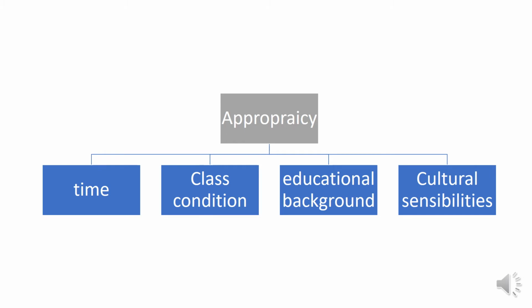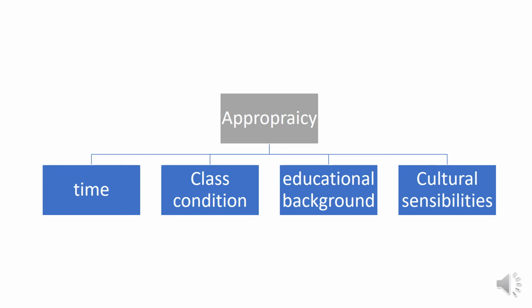One way of assessing study activities is to judge their efficiency and their appropriacy. The terms of efficiency are economy, ease and efficacy. Economy means time. An easy activity is one that is simple for the teacher to use and organize.